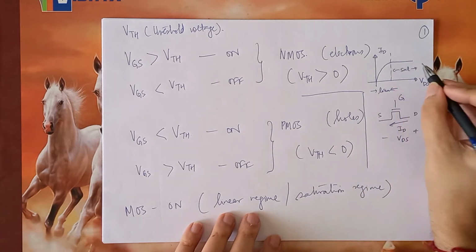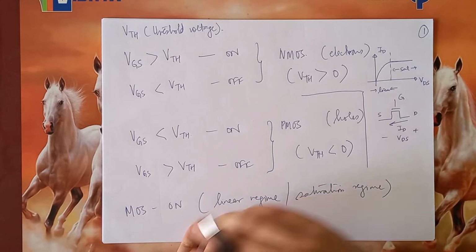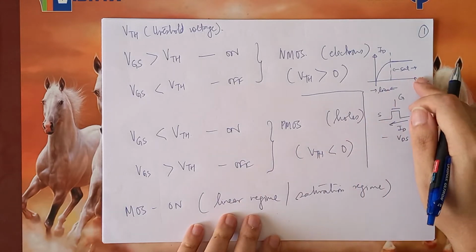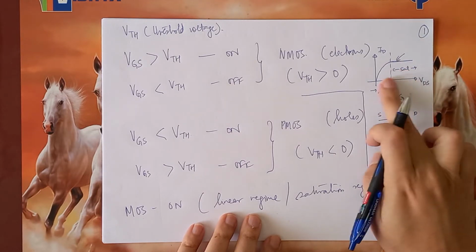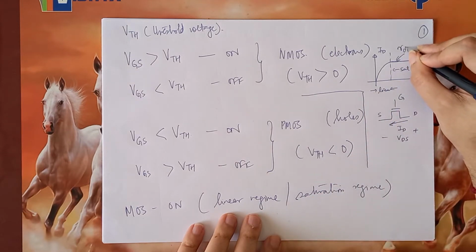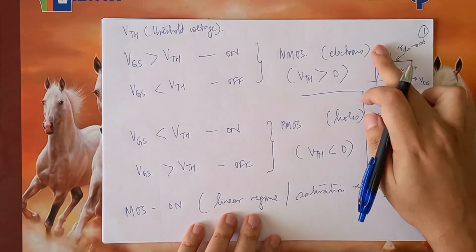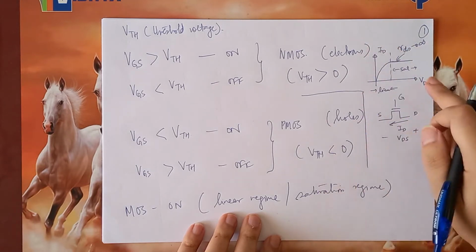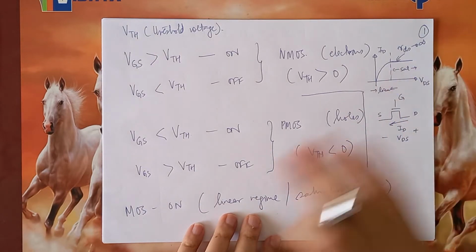Immediately I can see that in the saturation region, no matter how much you increase the voltage VDS, the current remains constant. So since the current is pretty much constant with change in voltage, the resistance between the drain and source tends to infinity. Likewise, if I take a derivative of ID versus VDS, it will be 0, which indicates 0 conductance. Therefore, the resistance is infinite.